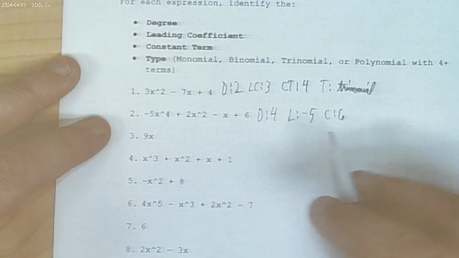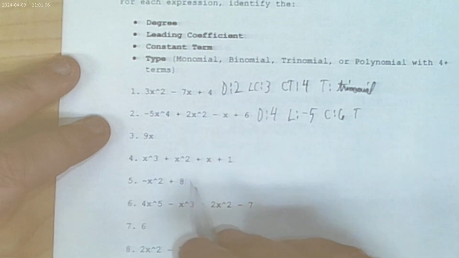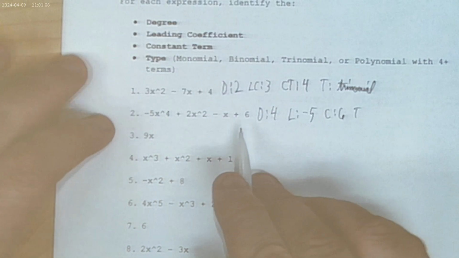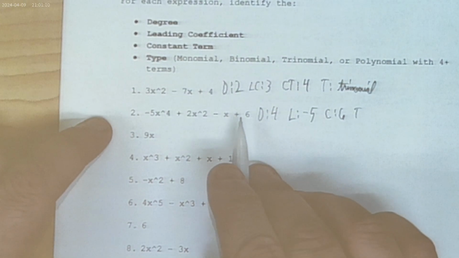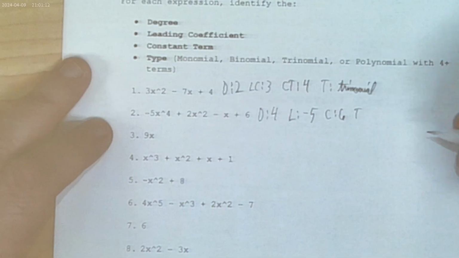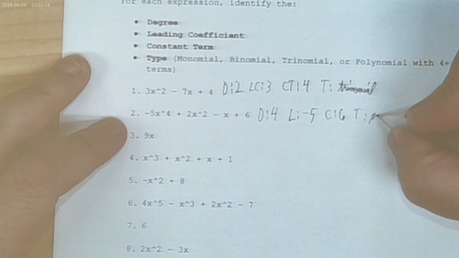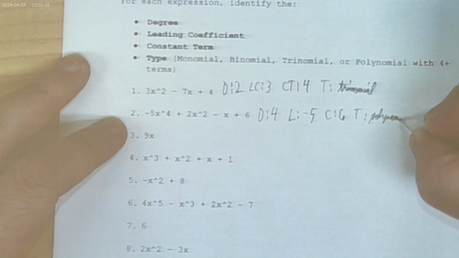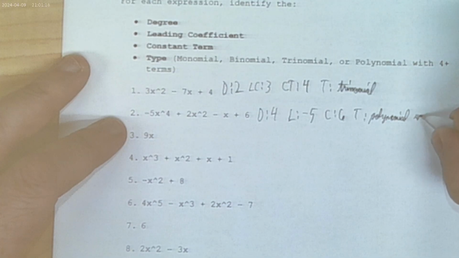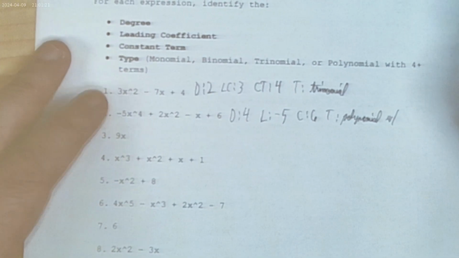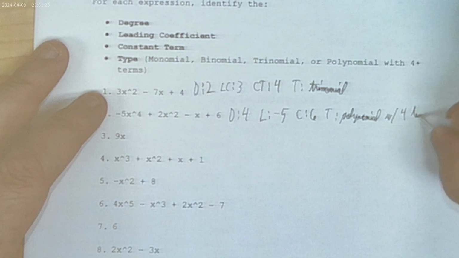And then the type, I've got 1, 2, 3, 4. Because I've got 4 or more terms, I'm going to have a polynomial with 4 terms.